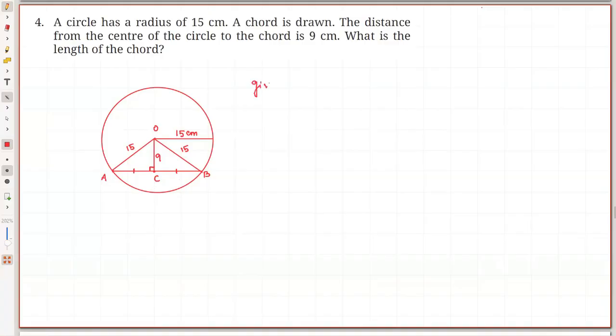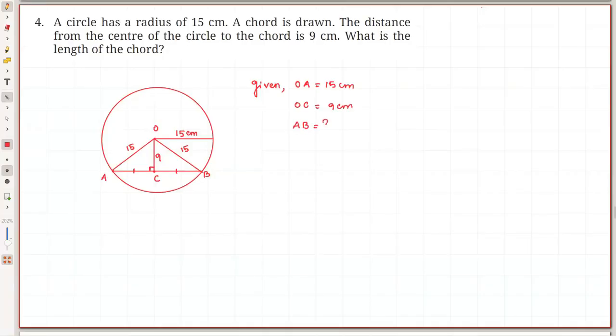So, the given information: the radius is nothing but OA, so OA is equal to 15 centimeters. Next, OC is given as 9 centimeters. We have to find out AC, and then AB.